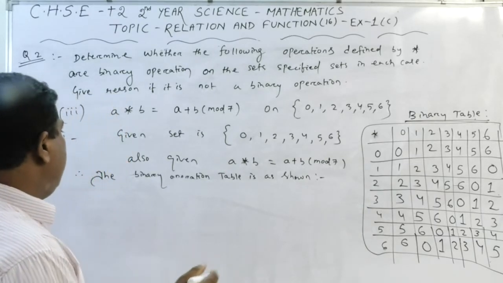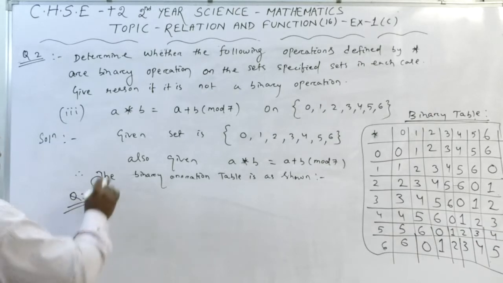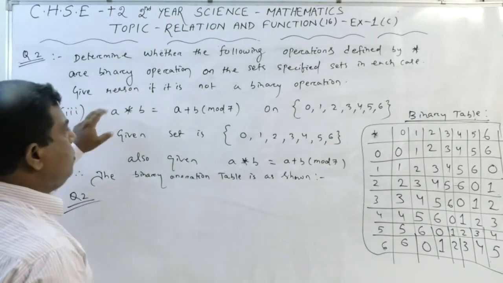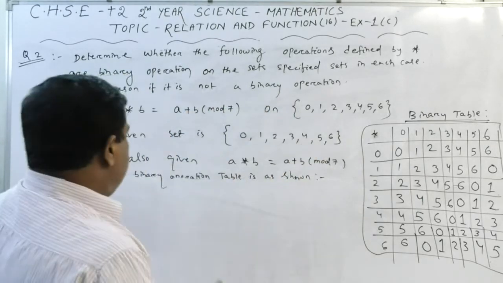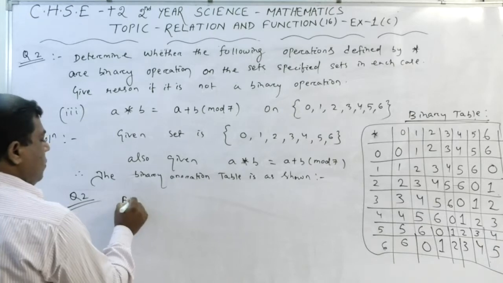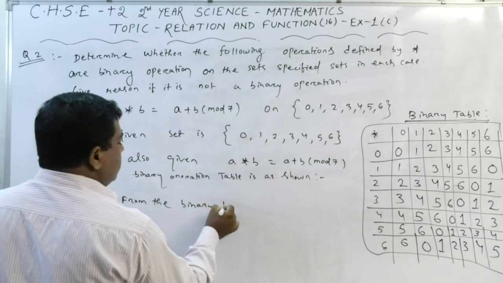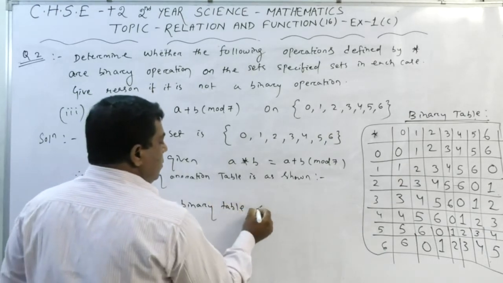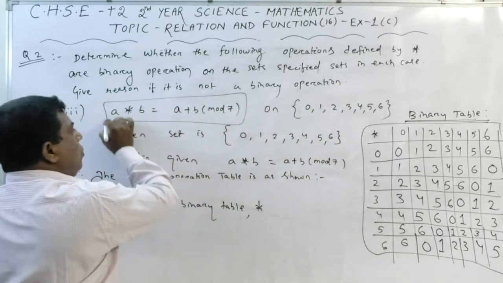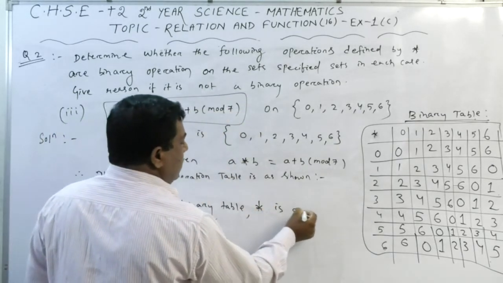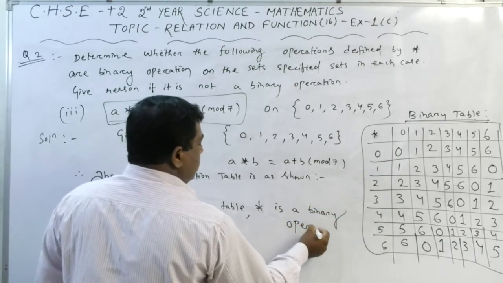Okay. So what I can say, it is question number 2. As per question number 2, we can say it is a binary operation. So from the binary table, it is very clear that this star, which is denoted as a plus b modulo 7, is a binary operation.